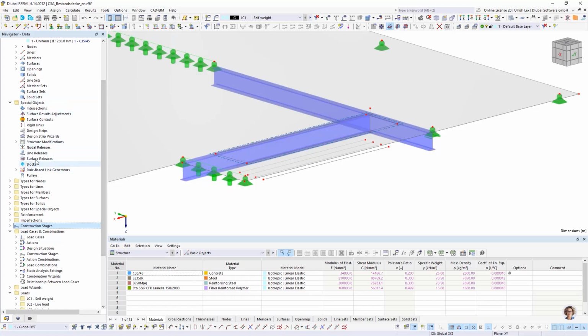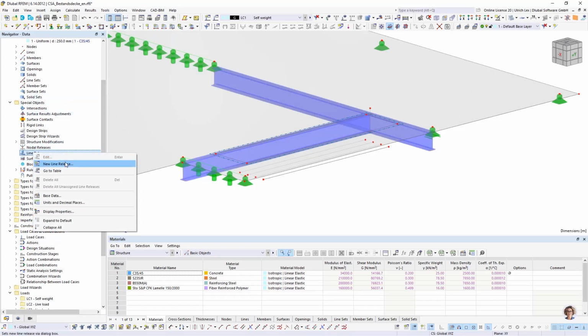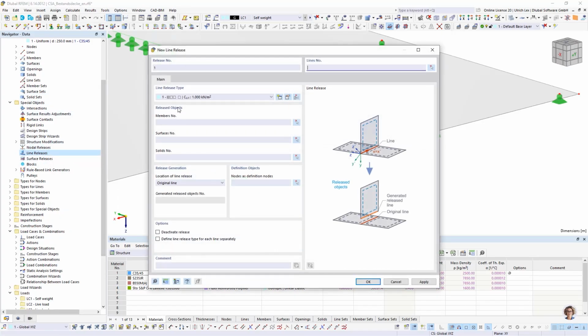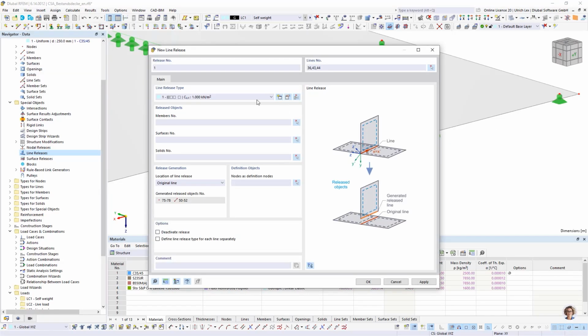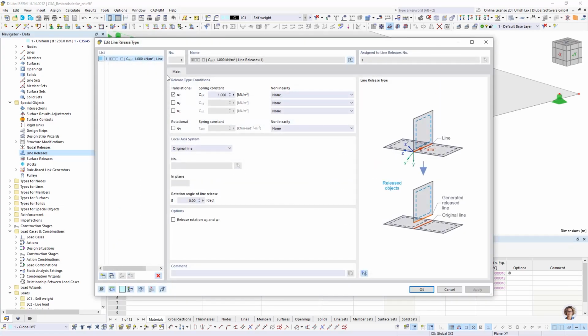It's called line release, and I create here a new line release. I choose my lines where it should act. I can create here a new line release type.